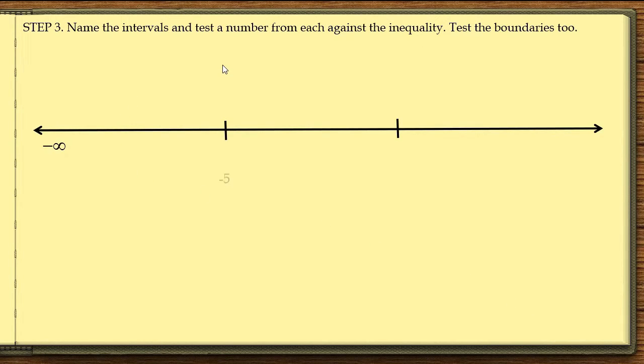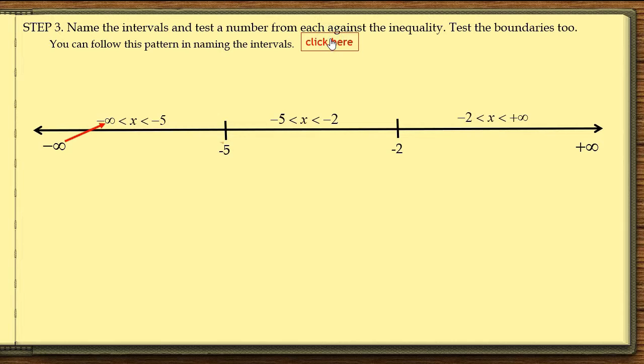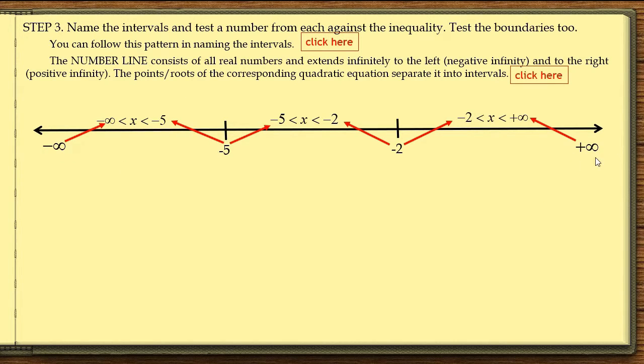Now, we will name the intervals and test a number from each against the inequality. We will also test the boundaries in this step. You can follow this pattern in naming the intervals. Take note that the negative infinity symbol, as well as the positive infinity symbol, the less than symbol, and x are always given.